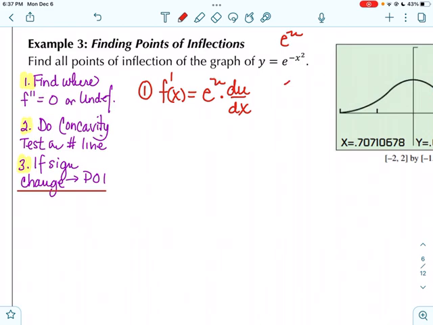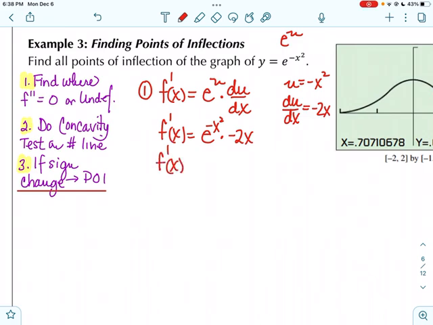So in this case, u is equal to negative x squared, and du dx is equal to negative 2x. So we get f prime of x is equal to e to the negative x squared times negative 2x. I'm going to rewrite this, as I'll probably be using it again, with the negative 2x out front, e to the negative x squared.